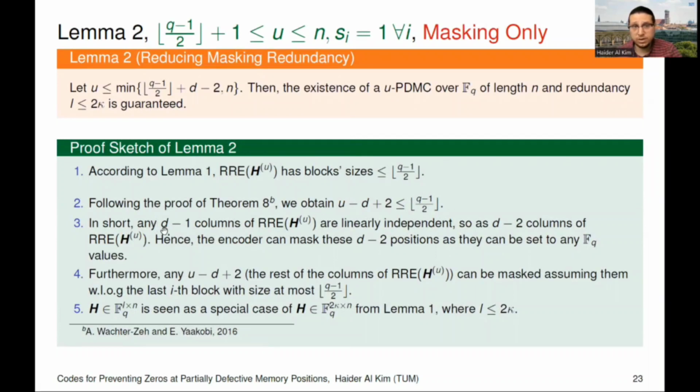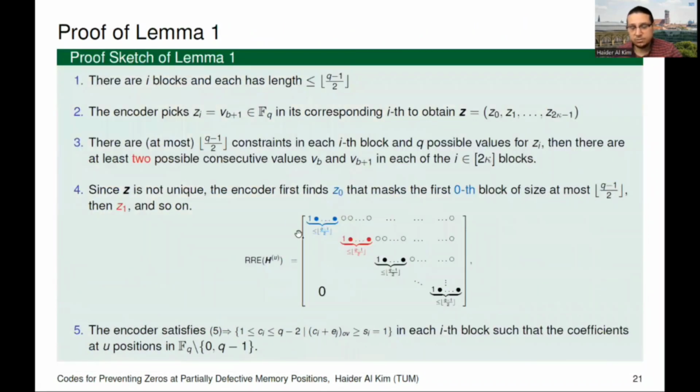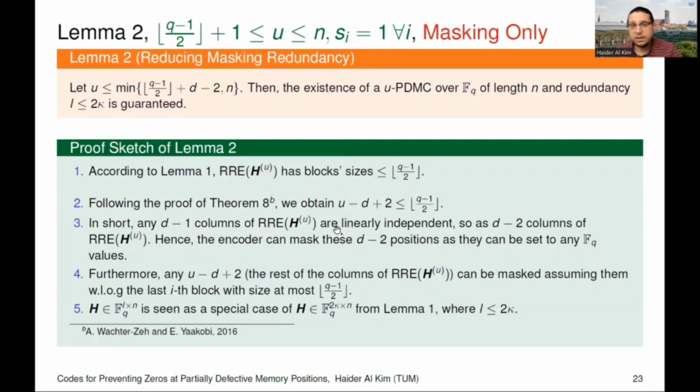And in short, we have d minus 1 columns of H. So this H here, we have d minus 1 that are linearly independent, and so are the d minus 2 columns of H, for sure. Since the encoder can mask these d minus 2 positions, as they can be set to any F_q values, now any u minus d plus 2, so the rest of the columns of H labeled by u, can be masked, assuming without loss of generality the last i-th block with size at most floor of q minus 1 over 2.